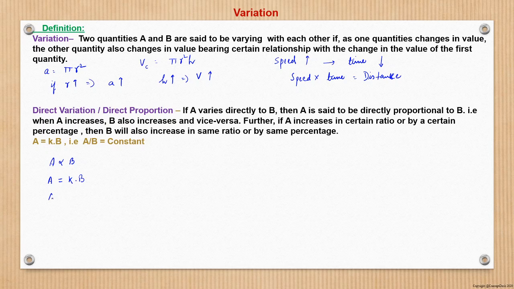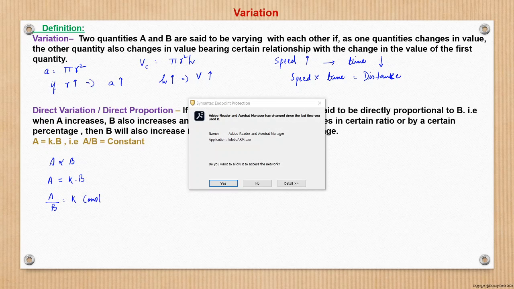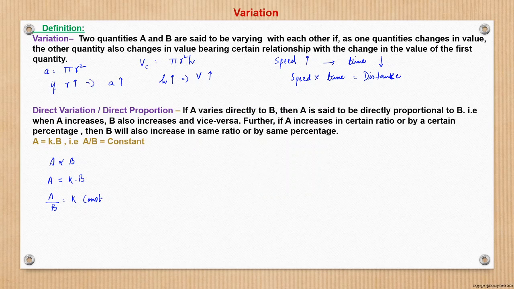If I bring this b to the denominator, it will be a by b is equal to k, which is a constant, right? So when a by b is equal to k, it means that a1 by b1 is equal to a2 by b2 is equal to a3 by b3, and so on. This is a very generic way of writing this.